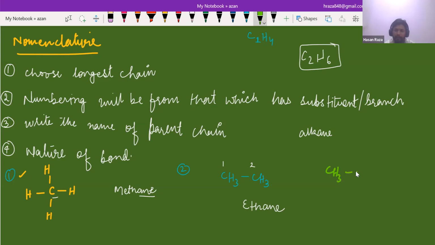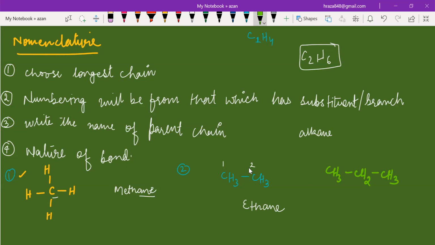Can you tell me the name of this? I'm just taking a very easy one. Just name it and let me know.